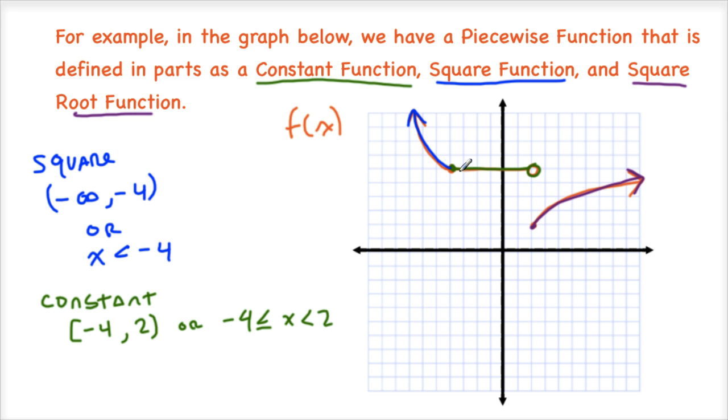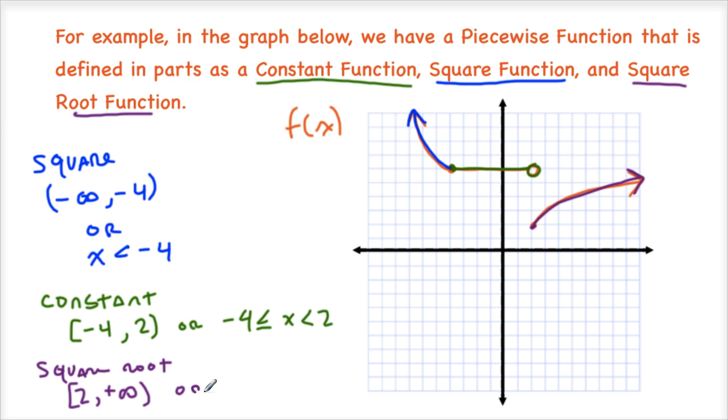So that's another way to say all the x values between -4 included, so I have the less than or equal to there, between -4 and 2, it's going to be open. Okay? And then the last one, the square root function. If I want to write the interval on which this piecewise function is defined as a square root function, I would say from 2 included off to positive infinity if I was using interval notation.